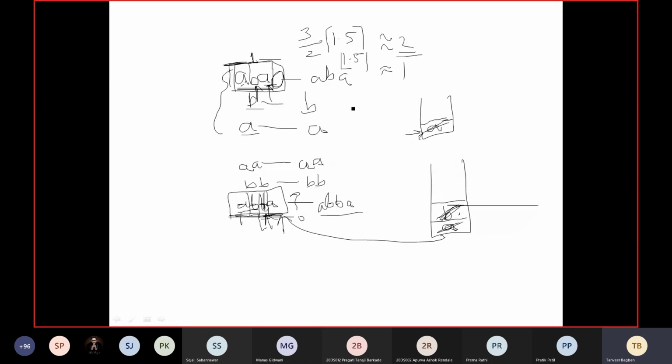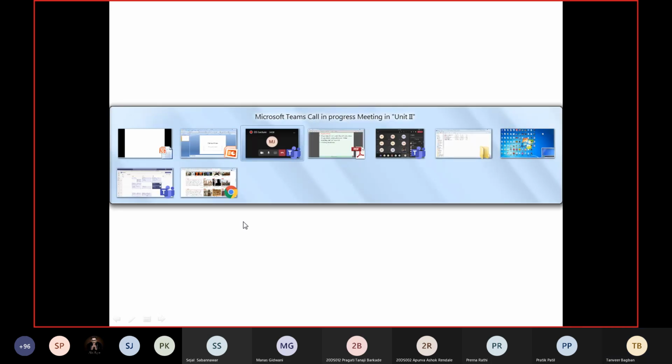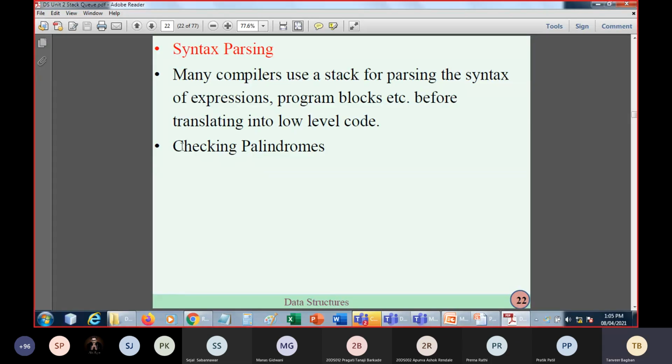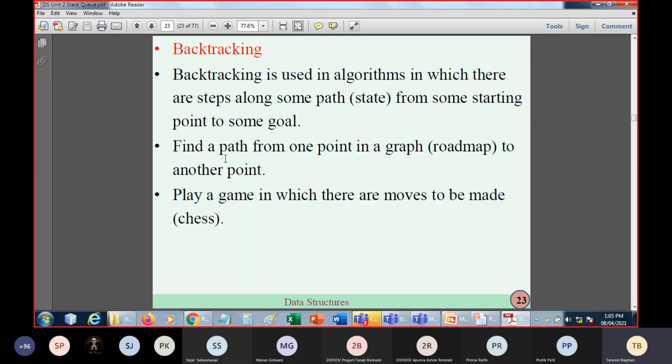So this is how, using a stack, you can check even length palindromes as well as odd length palindromes. Okay, so this is about checking palindromes.